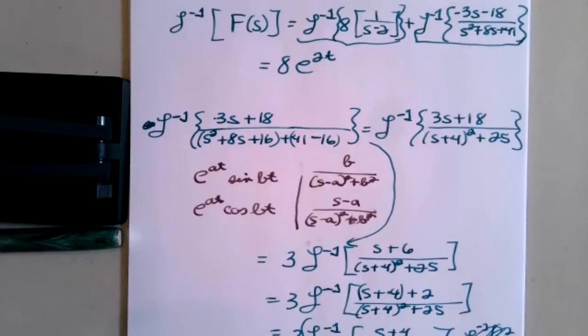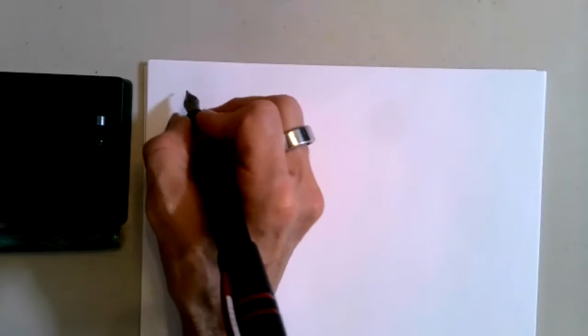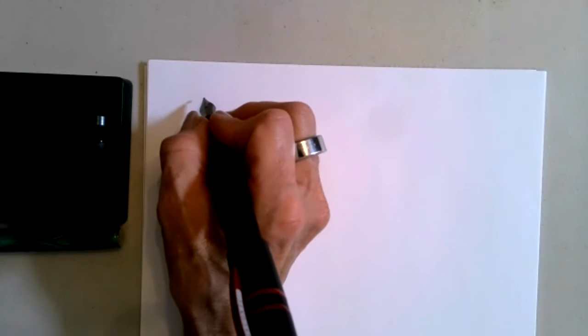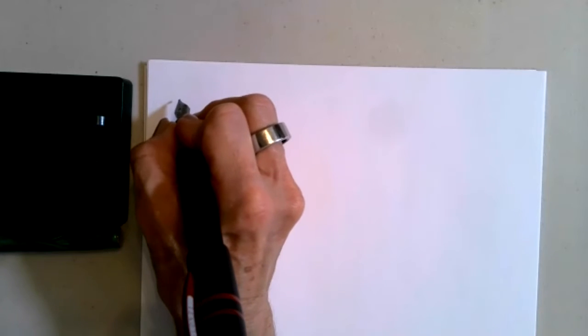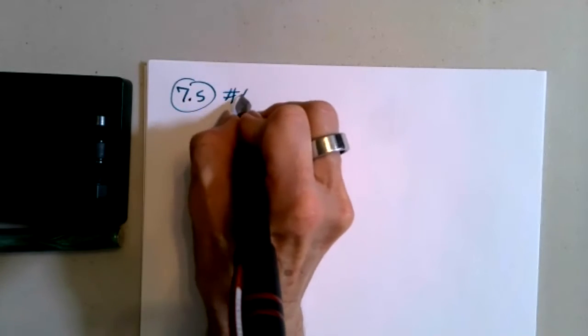Okay, so now we're to the point of solving, this kind of problem is why we're doing all this Laplace transform business. And then pretty soon we'll be doing Laplace transforms of impulse functions and things that we couldn't do by any other method. So this is 7.5, number 4.